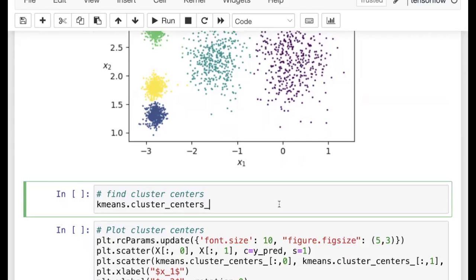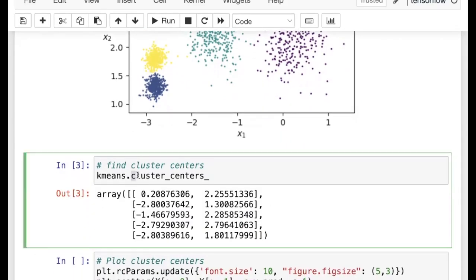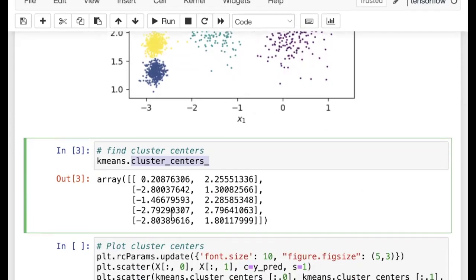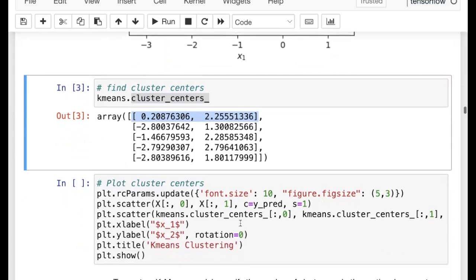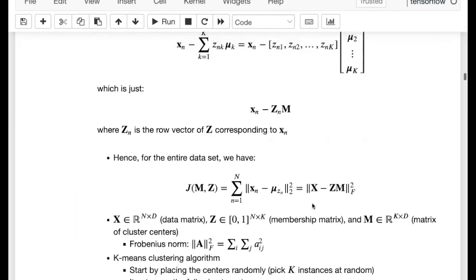If you want to know where cluster centers are, you can do that. That's part of this because k-means right now is an object that has been trained or fitted. So now you can look at the attribute cluster_centers_ and we get 5 rows here. Each row is one cluster center. This is exactly that M matrix that we had before, and these labels are the Z matrix because it shows us the assignment.